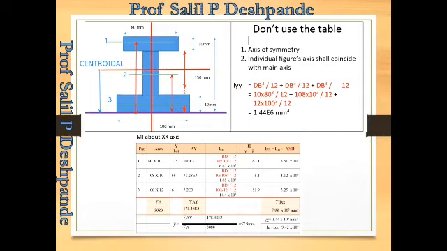If you calculate this, how much will you get? 130 minus 10 minus 12, so that will be somewhere around 108. So this is 108, and half of 108 is 54. 54 plus 12, you get 66. And this 12 divided by 2 is 6. So you get the value of y.